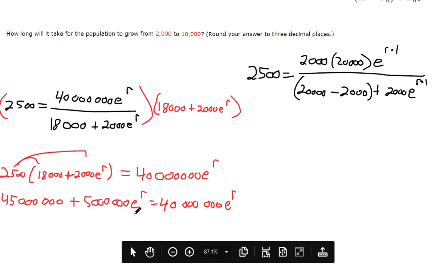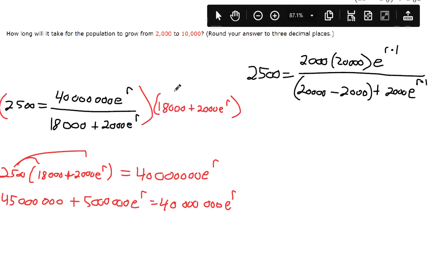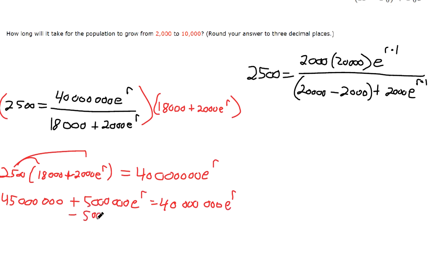Okay, and like we said, we want to collect all the variable terms on one side. Actually, we can combine like terms because this and this are the same. So we can just subtract. This won't be as hard as I thought. 5 million e to the r. Subtract that from both sides.